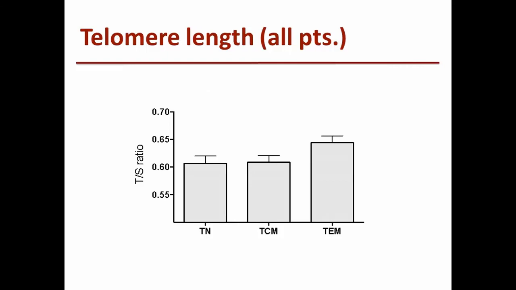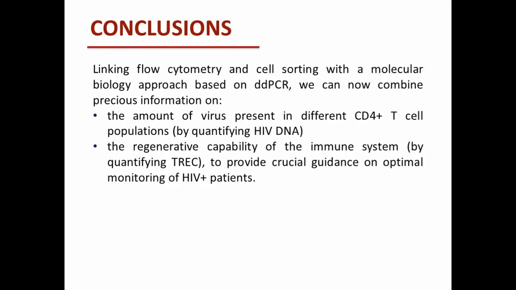Actually, telomere length had no difference. I did not show you graphics concerning different populations of patients because we found no changes in the telomere length in all patients and in any other system we tried to analyze.